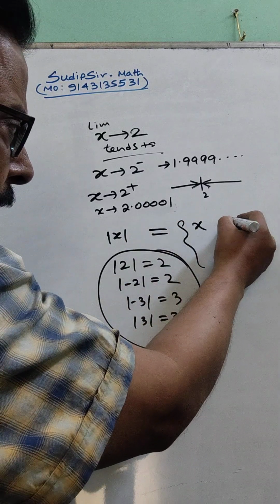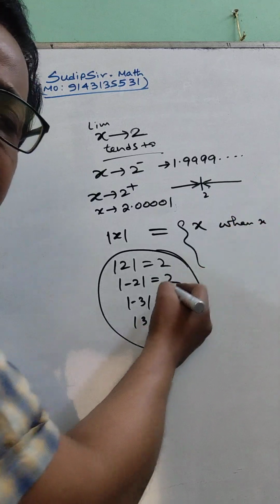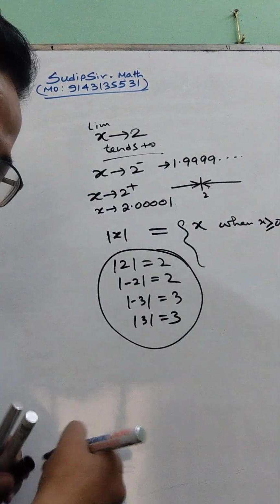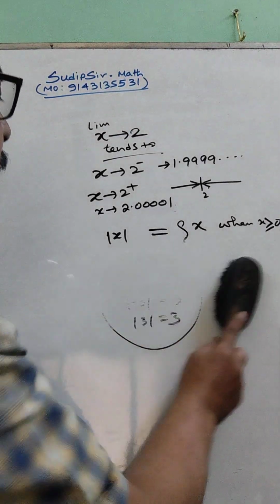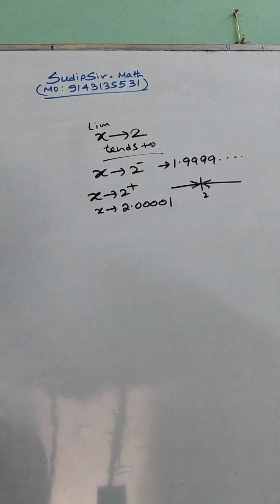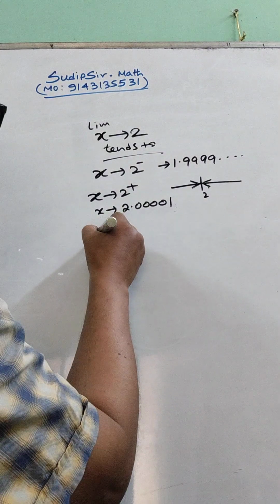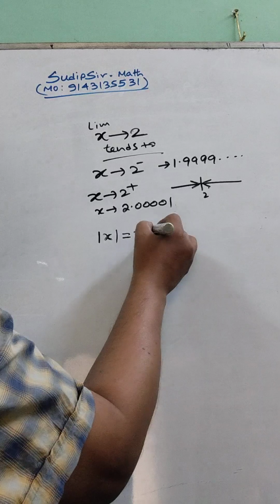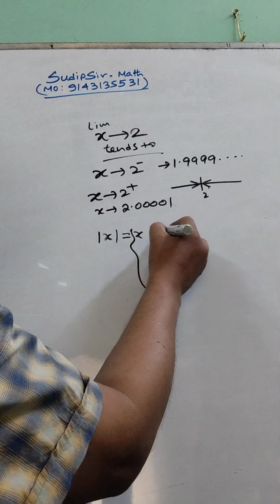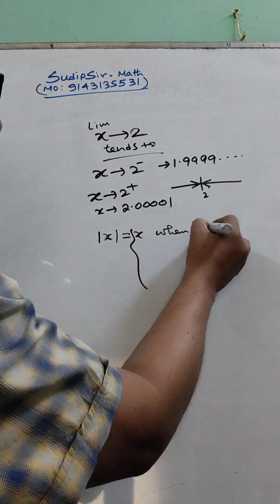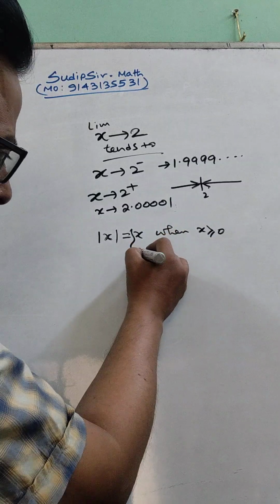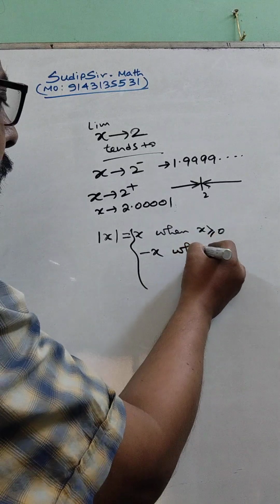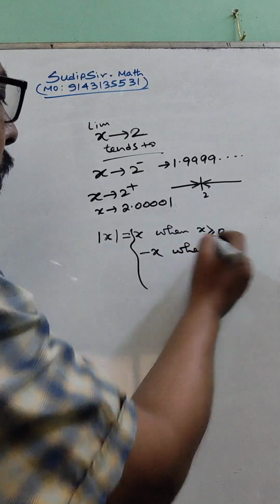Mod x equal to x when x is greater than or equal to 0, and mod x equal to minus x when x is less than 0.